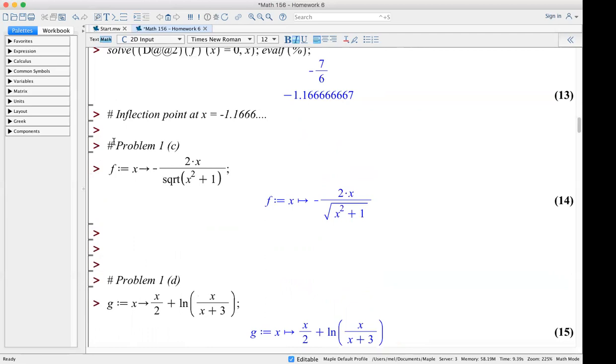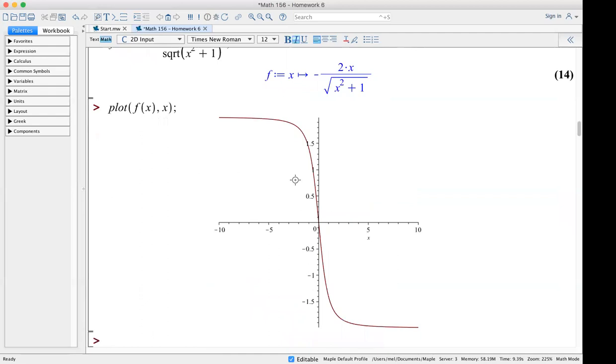If we plot f(x), what does it look like? Something like that. It's kind of interesting. It's negative when x is negative, positive when x is positive, and 0 at 0.